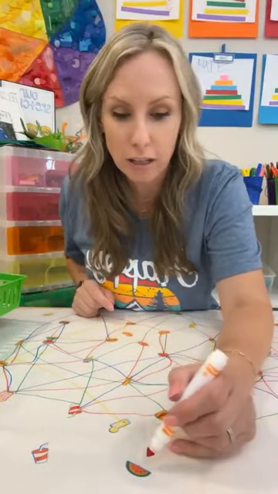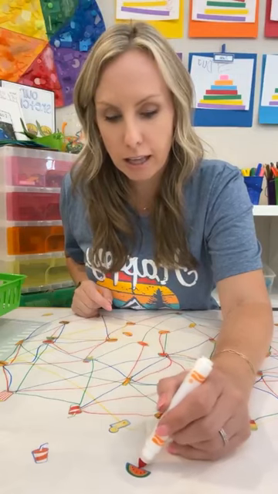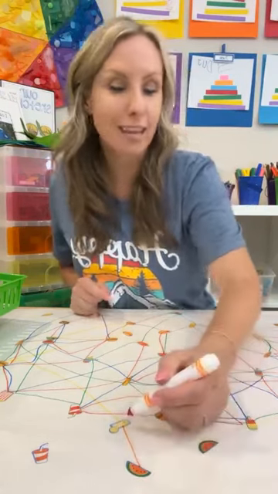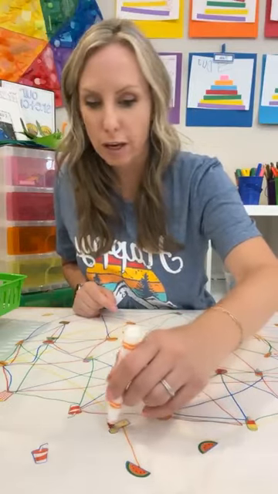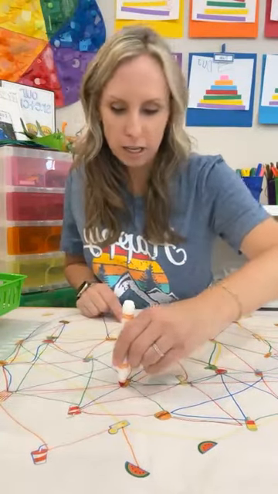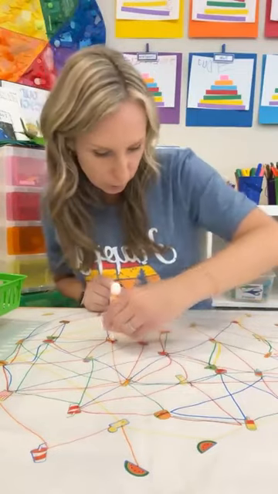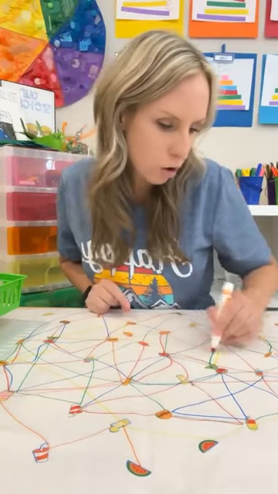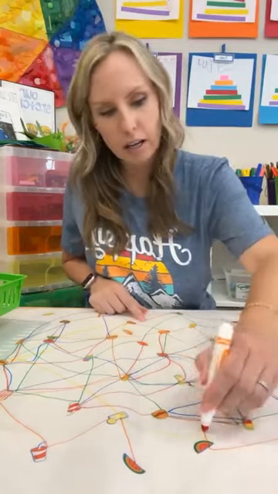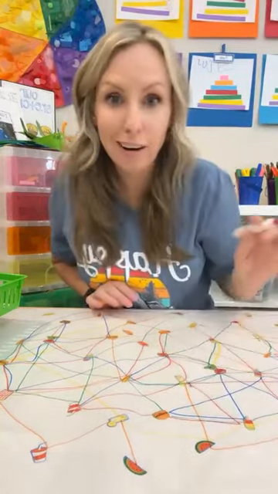This is really great for hand-eye coordination and tracking. So they go from the watermelon, and they can do it however they want. They could go over here, and then over here, and then down to the hamburger, and into the hot dog, and over to the popsicle, and up to the cheeseburger, wherever they want to go.